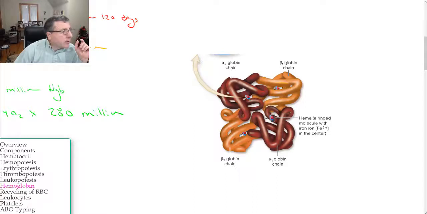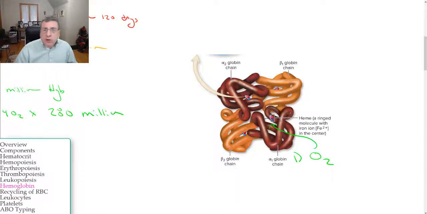Okay, so each one of these, and I'm going to arbitrarily start with alpha globin 1 chain. Whether this is actually one that binds first or not, I don't know. But oxygen will bind with 1 first.